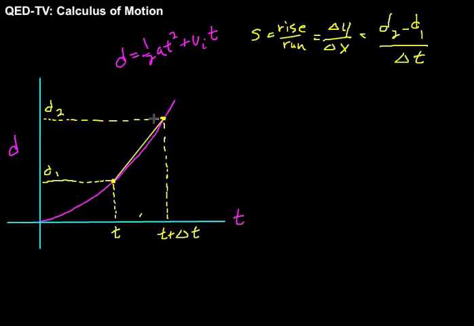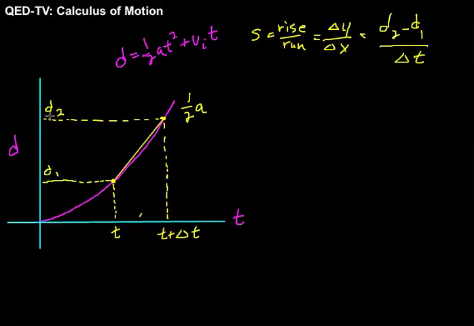So at d2, I can put in t plus delta t for my time to figure out what the function is at that time. And then at d1, I can figure out what d1 is by putting time t in for that. So that's what we're going to do here. It's going to be kind of ugly. So I'm going to have d2, which would be 1/2 a times t squared.